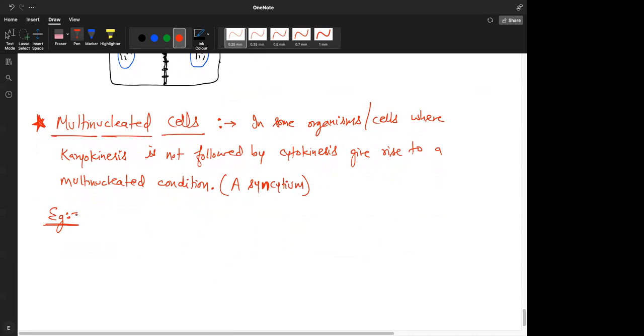Example is, how many of you like coconut water? Anyone likes coconut water? Me. Have you ever thought what is coconut water? How does water come inside that coconut? Who fills it inside?